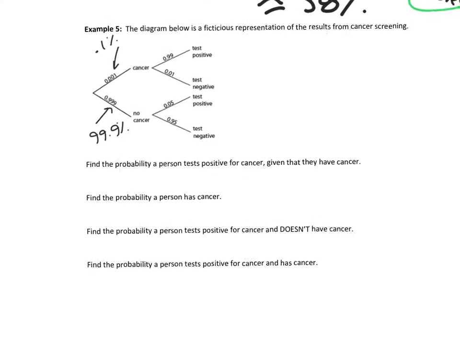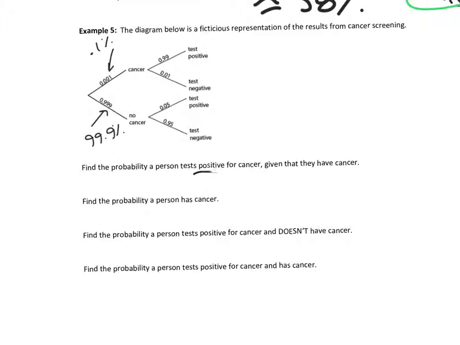Using this chart, find the probability a person tests positive for cancer given that they have cancer. This is a situation where you really want to read the word given. This means that we're only going to look at the people that have cancer. So only look at here, what is the probability they test positive?